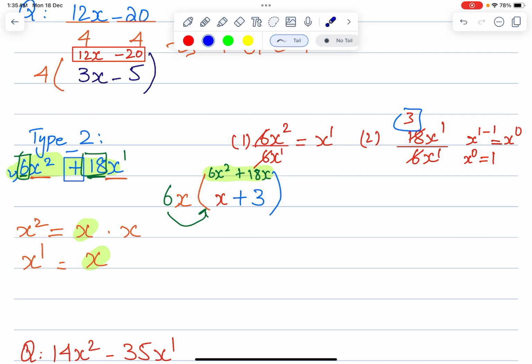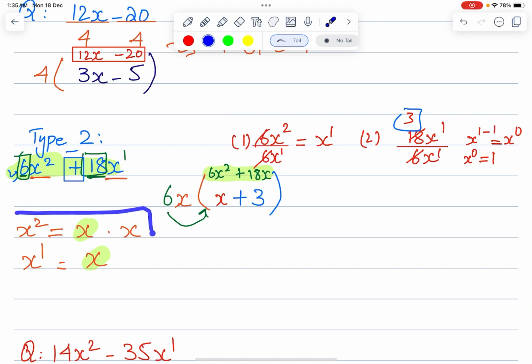And then look at the variables, look at the smaller power of x, and in this case we have the smaller power of x as x to the power 1. So we wrote x to the power 1 is the common factor in both of them. So the total common factor, the combined greatest common factor is going to be 6x.